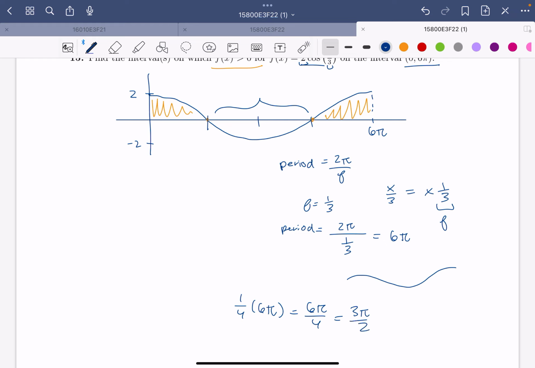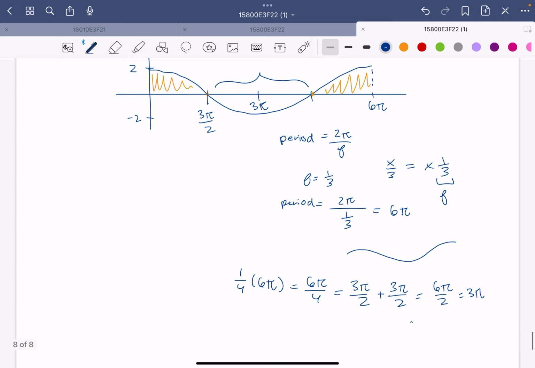So we know that this first point is 3 pi over 2, and then if we add another quarter, it would be 6 pi over 2, or 3 pi. So this middle would be 3 pi, and this last one would be 6 pi over 2 plus another quarter, which is 9 pi over 2. So this last point is 9 pi over 2.